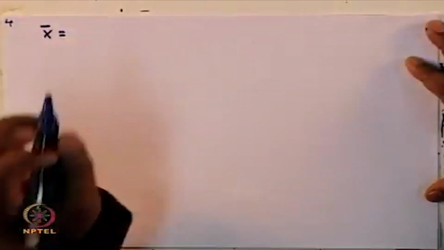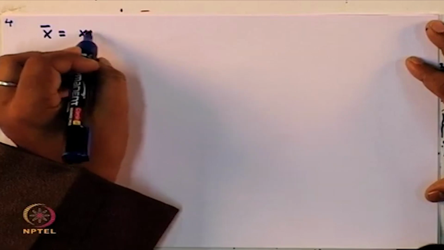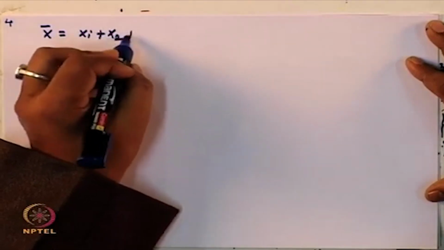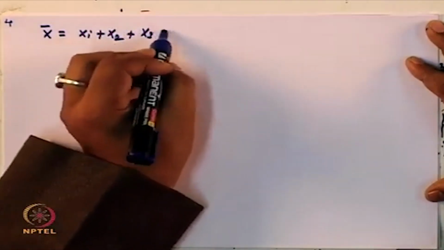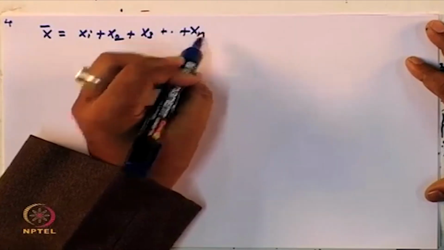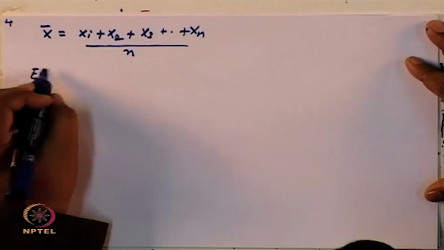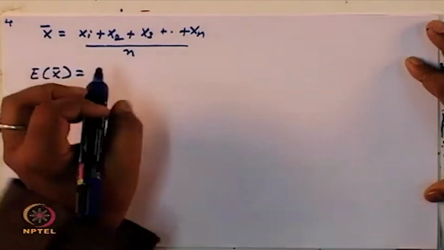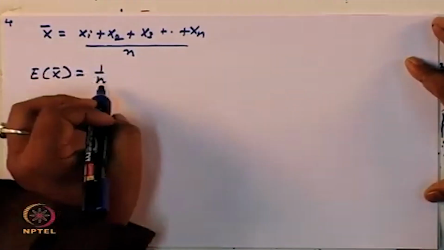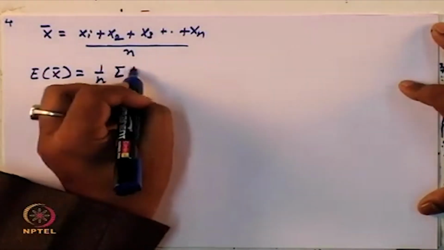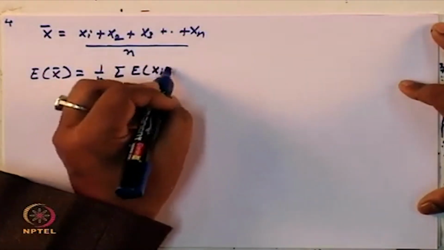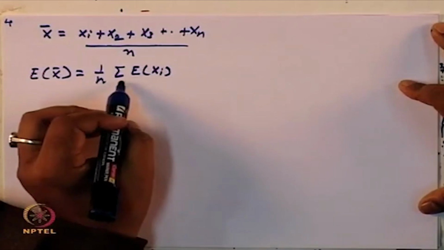Okay. So, for doing that, if I define x bar as (x1 plus x2 plus x3 ... plus xn) by n, then E of x bar is 1 by n summation E of xi.